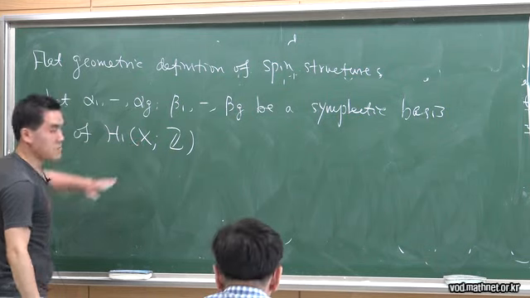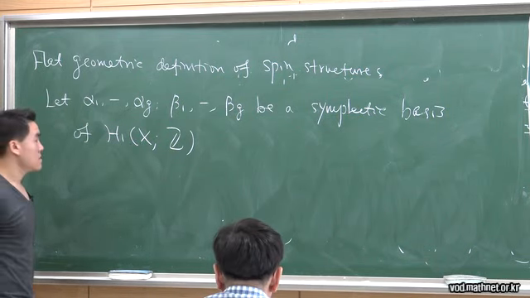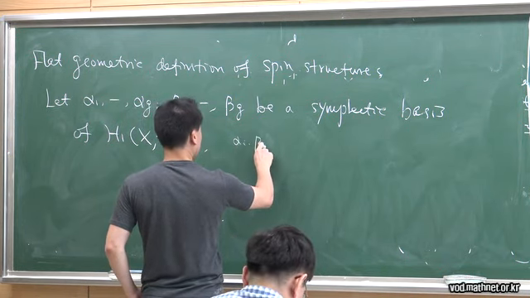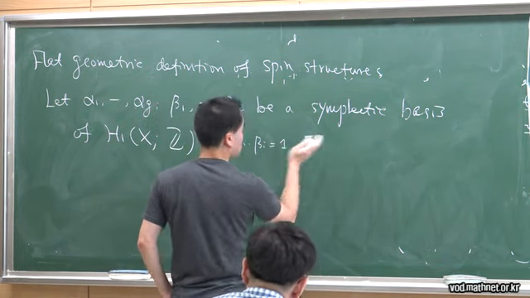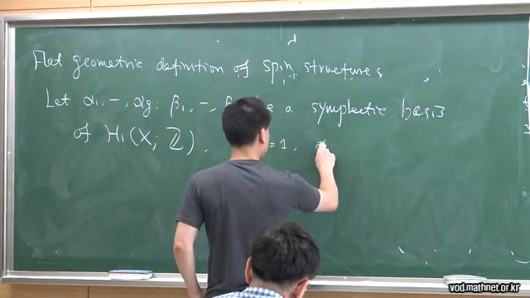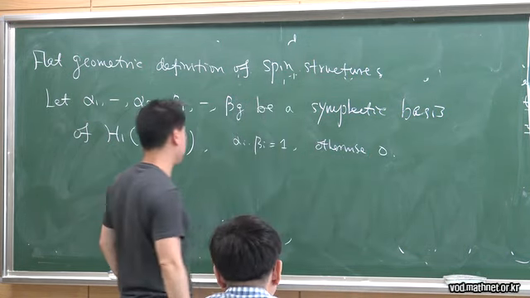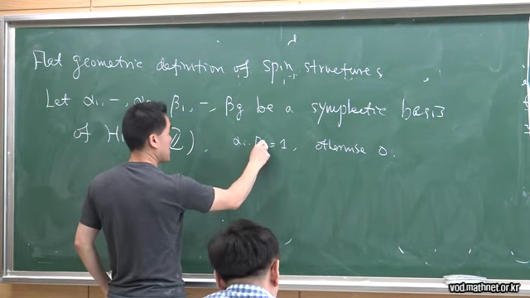No marking, just the absolute homology. So what is a symplectic basis? It just means alpha i dot beta i equals 1, otherwise 0, only for the same index as well.